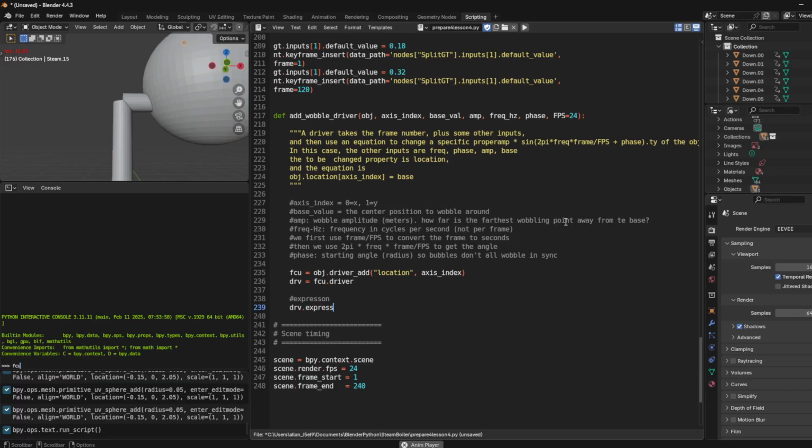Driver.expression is equal to an f-string: base value plus amplitude times sine of 2 times pi times frequency times frame divided by FPS, so the seconds, plus phase.